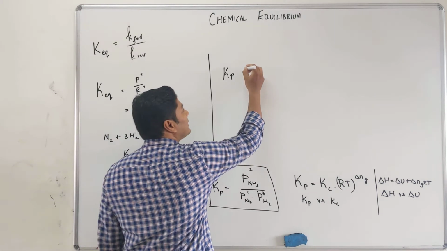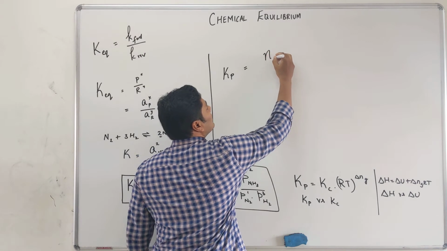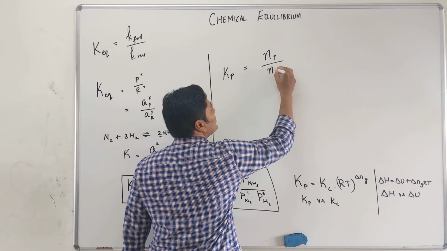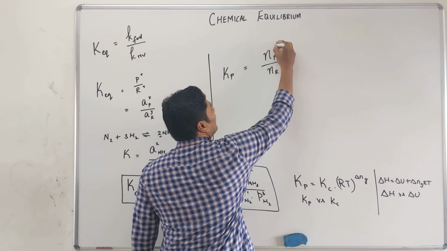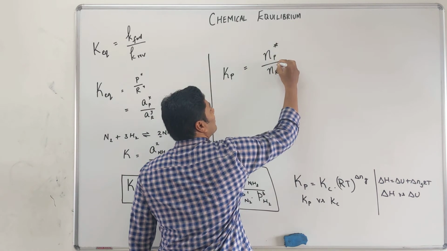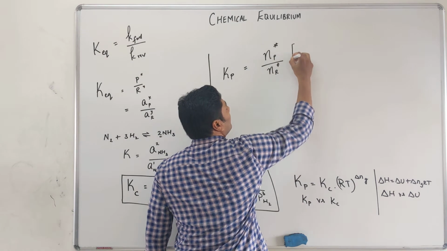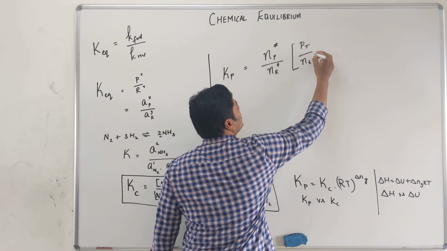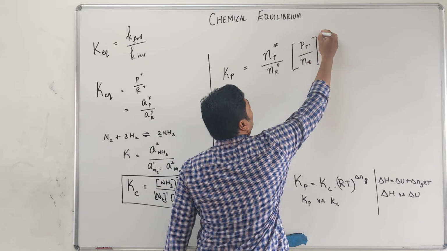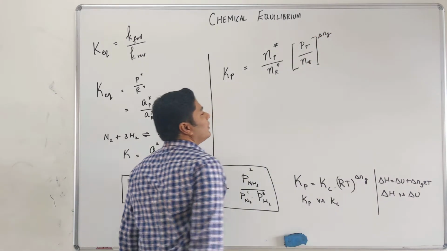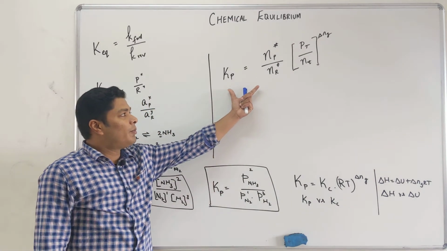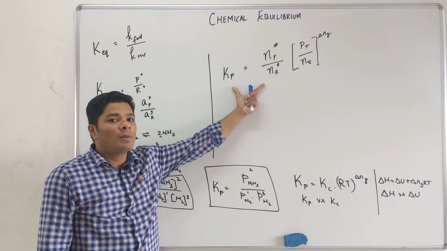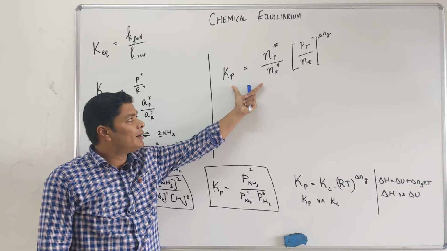You can actually get this by doing moles of products divided by moles of reactants, raised to the corresponding coefficients, whatever they may be, times pressure total divided by moles total to the power del Ng. How do you use this formula? At this point just know that this formula exists. I will take care of it on the problem side. It is a lot easier when moles are given.